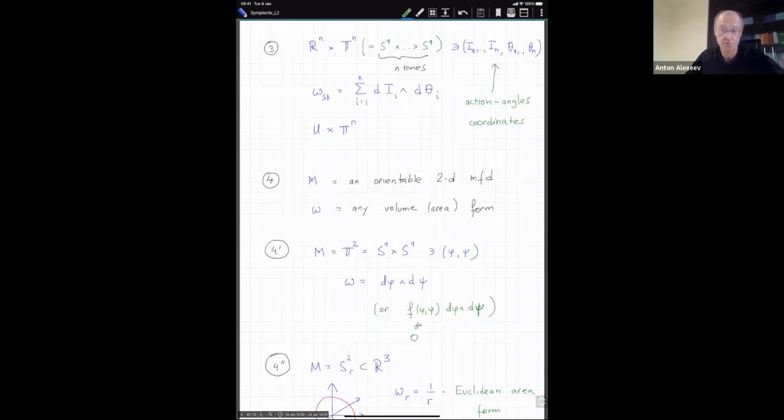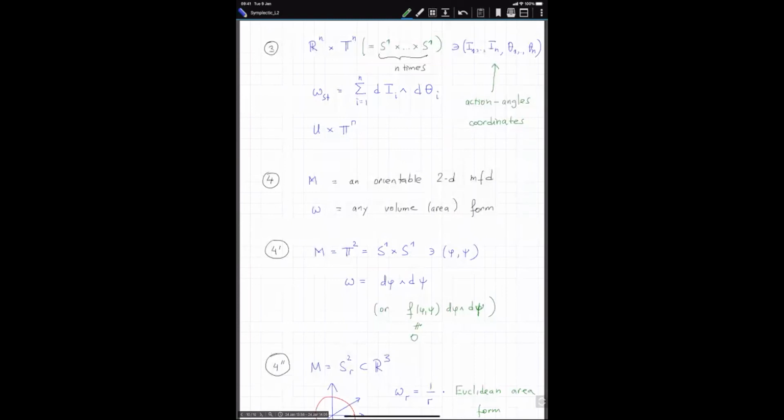In fact, H2 is non-zero, and this omega, d phi wedge d psi, is a generator of H2 over the reals. So it's consistent. Short question: can we multiply 4 circles, not 2, and use the same form?